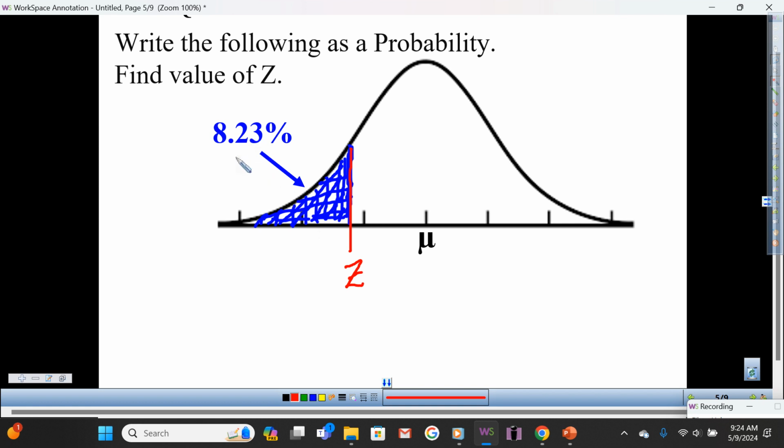All right. Who went last? Illy, what do we do with that first? Convert it to a decimal. What is that?